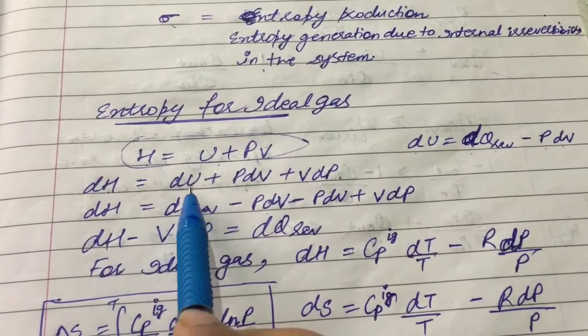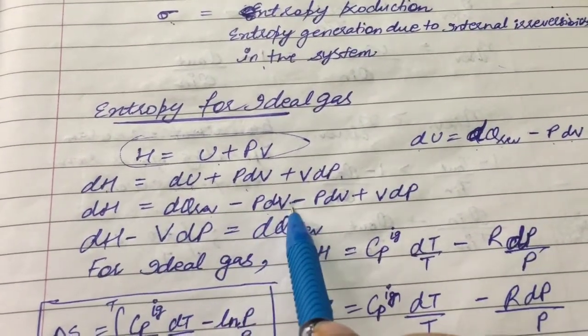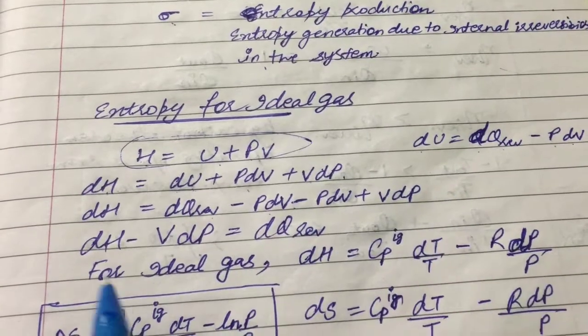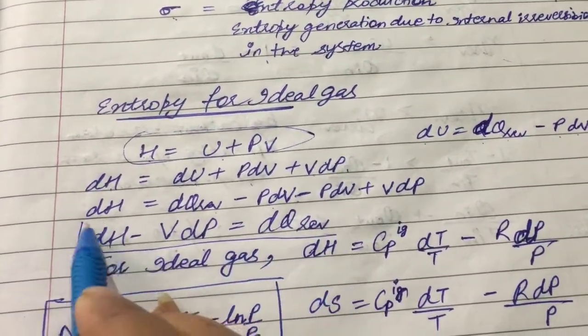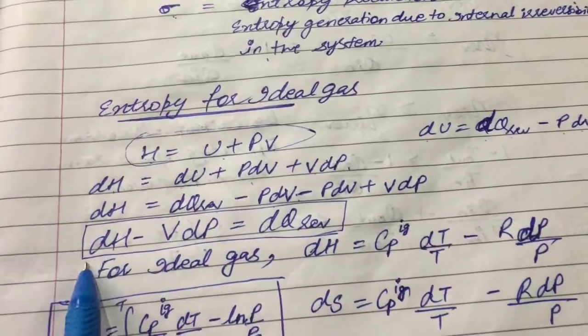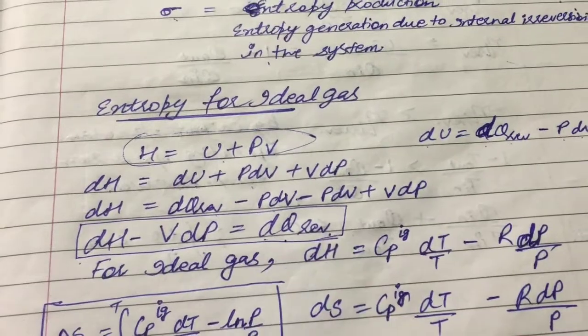Now we can write du as dq reversible minus p dv. So solving this equation, our final equation is dh minus v dp is equal to dq for reversible process.